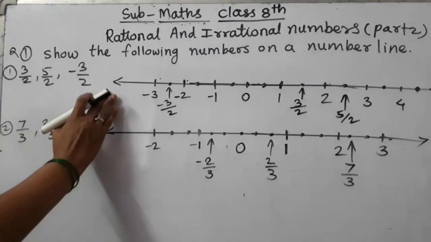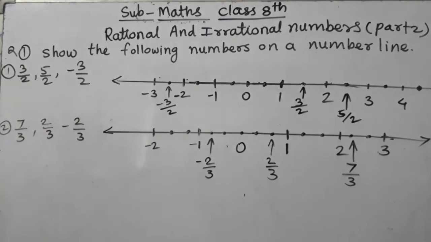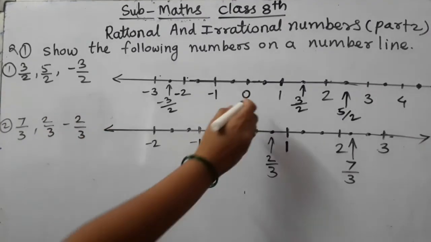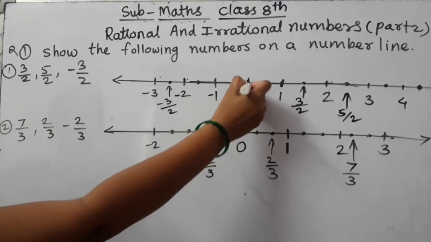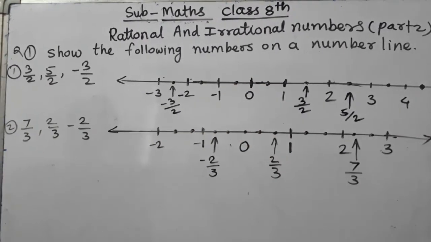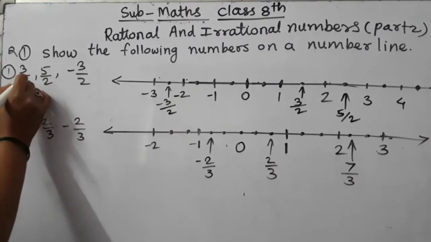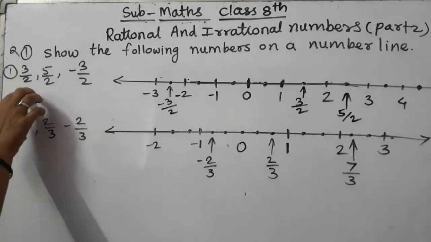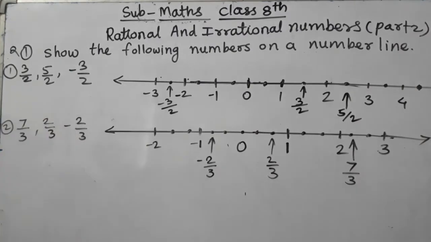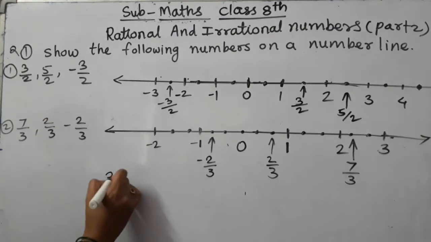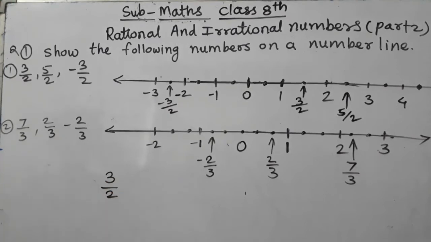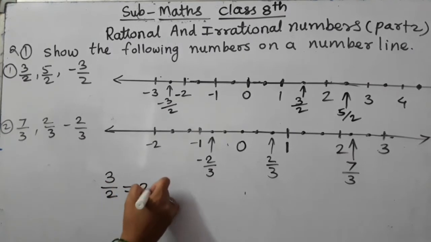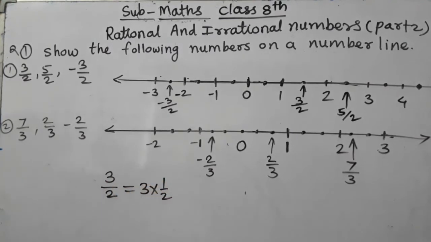See, this is a number line. On this number line, at the center, that is 0. In the denominator, there is 2. So, if you write 3 by 2, it means 3 into 1 by 2.